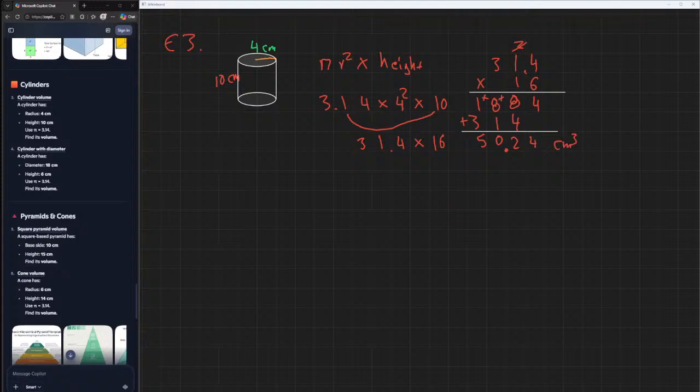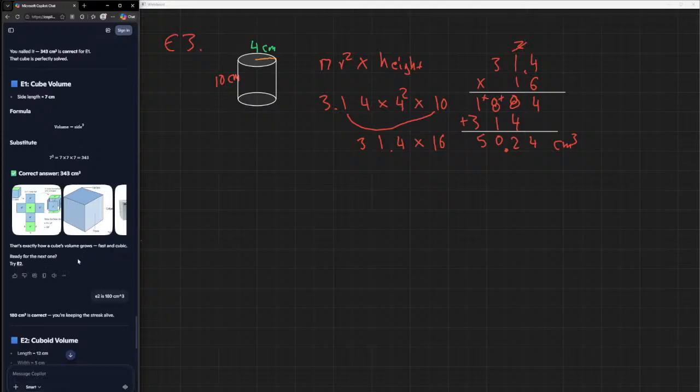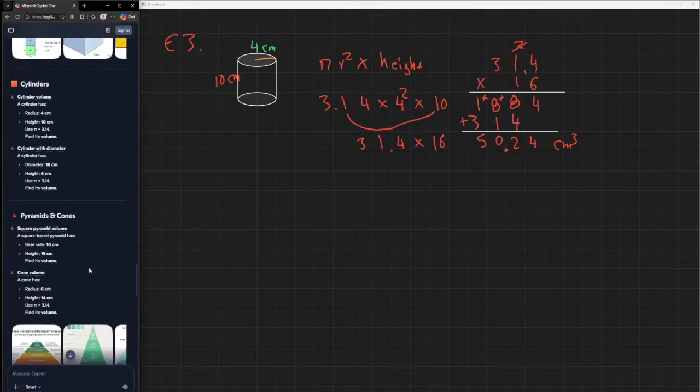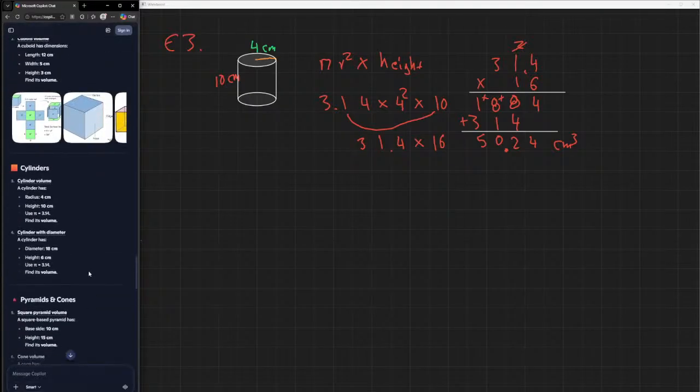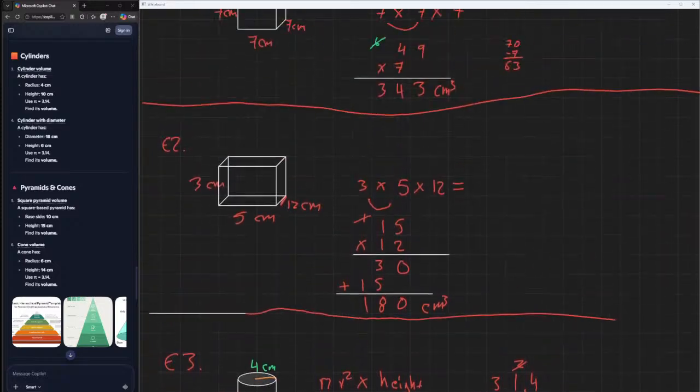Now let's see if this is correct. It's not correct. I'm always confusing it. Wait, is it question 3 or am I actually on question 4?